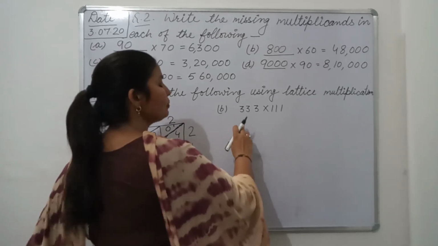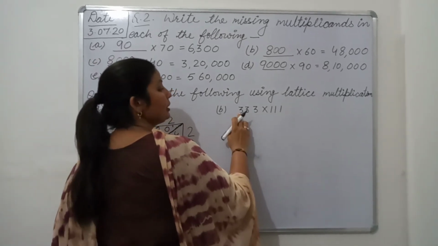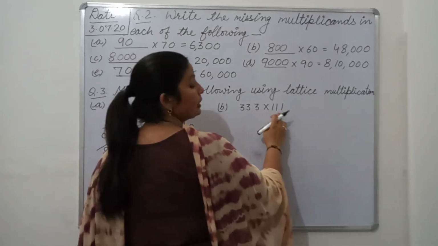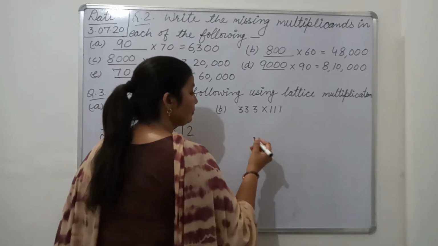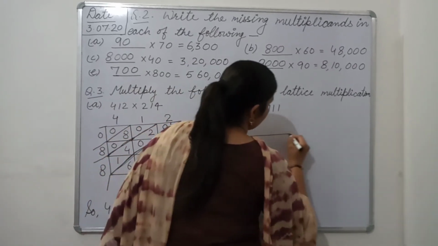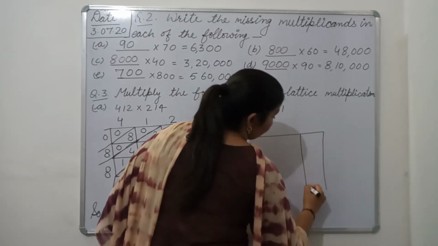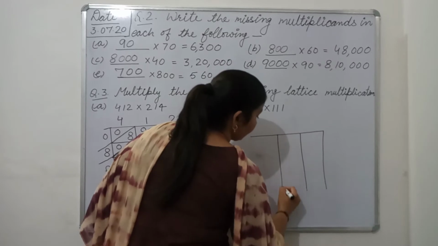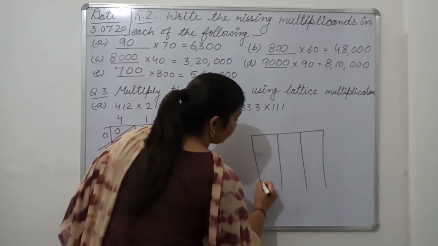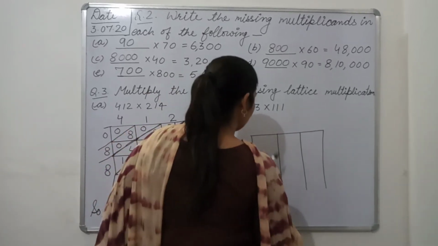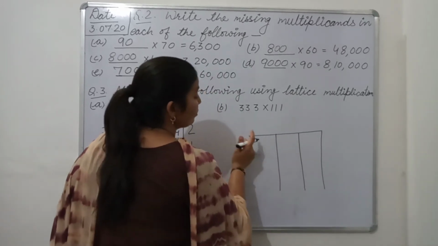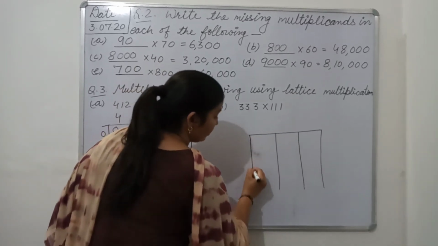In B part also we have 3 by 3 digits, meaning 333 multiplied by 111. So in the same way we should make a box, 3 rows and 3 columns. First of all 3 columns. Now we should take 3 rows. You should make a square box with the help of a scale.